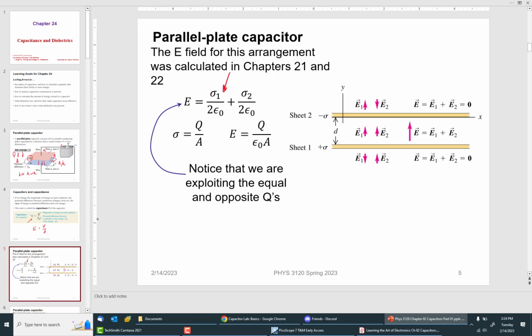So we say the E field is the sum of the two plates, which is sigma over epsilon zero, where sigma is the coulombs per unit area, and epsilon zero is the permittivity of free space, which means the strength of electric field you get for a given amount of voltage.